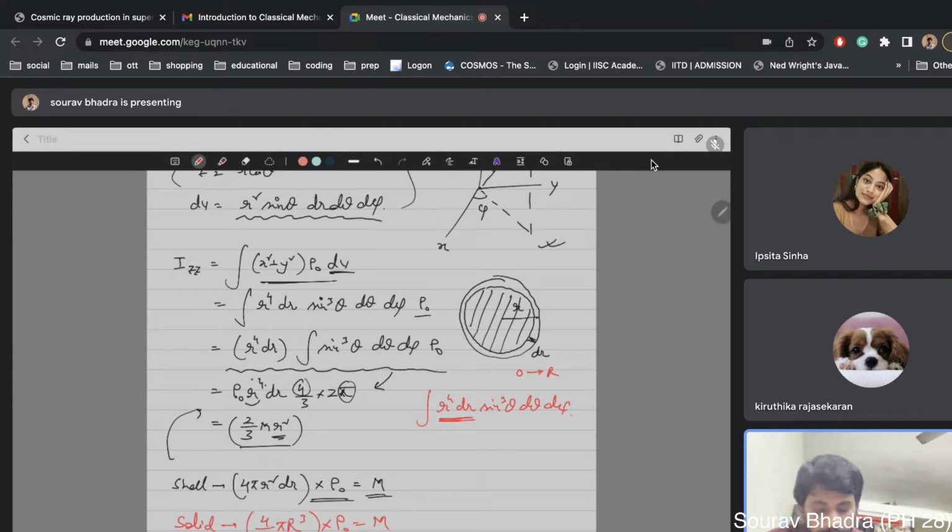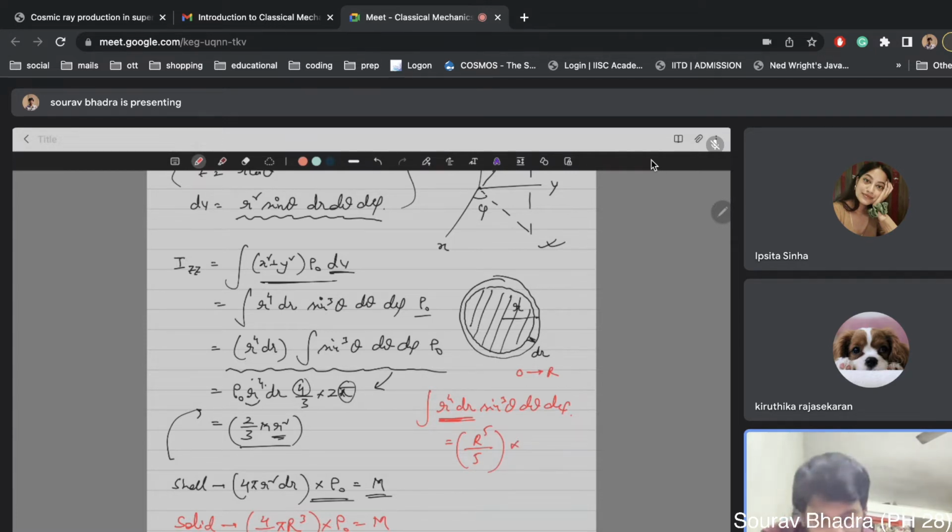It doesn't matter if you write it smaller, but to differentiate I am writing it as capital R. So r to the power 5 over 5, this factor will come extra, where in the previous case it was not there, and the other integration you can do.